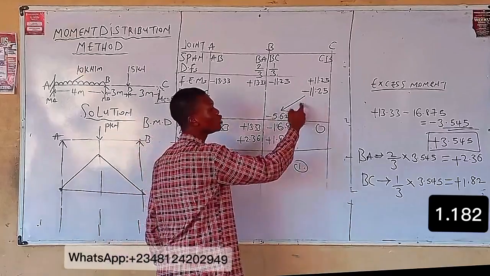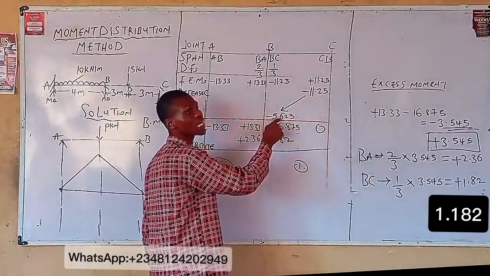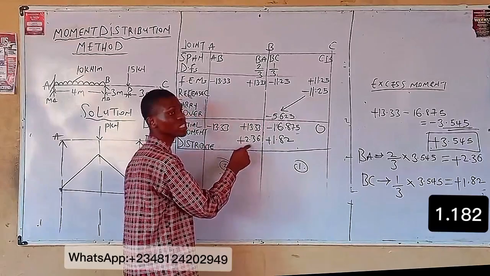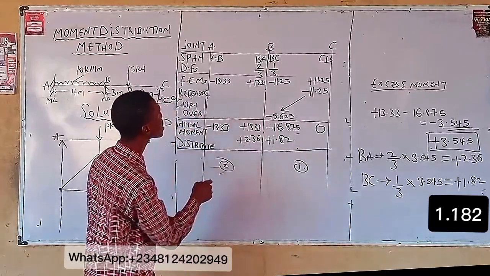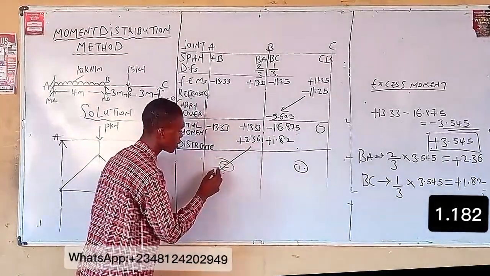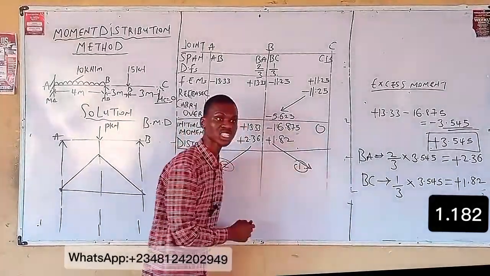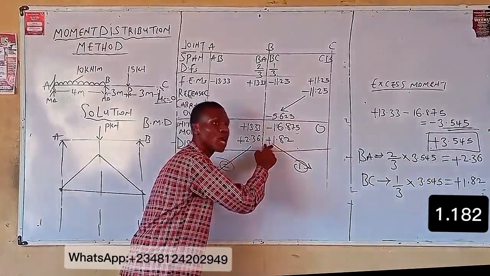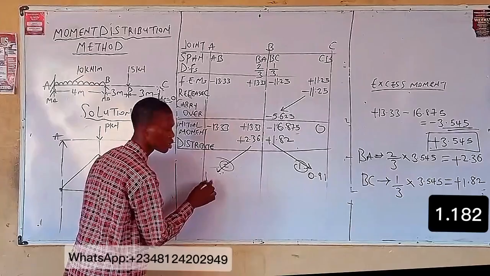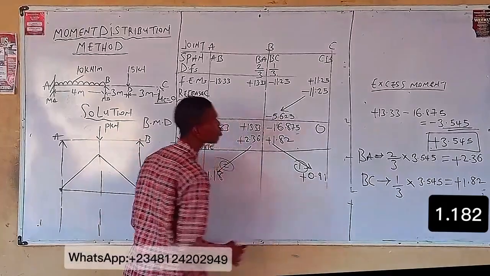When we carry over, we indicated this arrow, divided by 2 and wrote the answer here, right? Now, let's say we are carrying over using this value, I'm going to have my cross like this. But the question is, carrying over this one, what will your answer be? This one is correct. This one is positive 1.18.